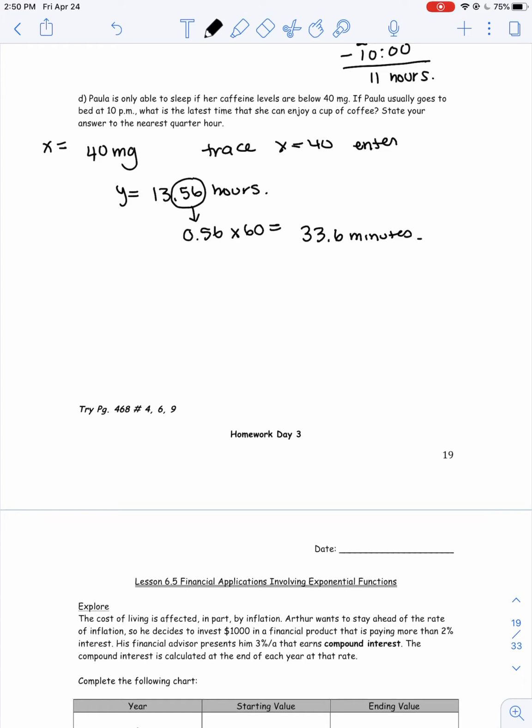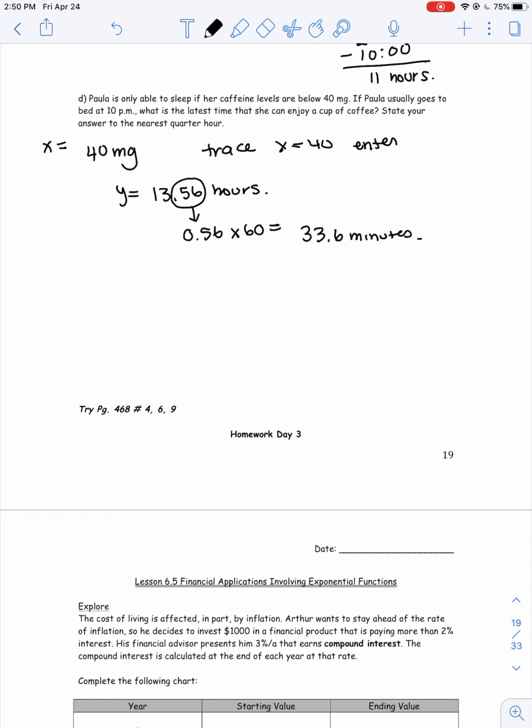But they want us to convert to the nearest quarter hour. So quarter hours are like 15, 30, 45. So we need to round to the nearest quarter, and in this case we want to round up.